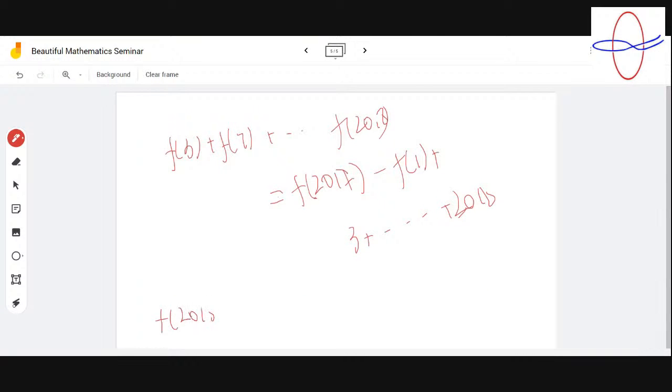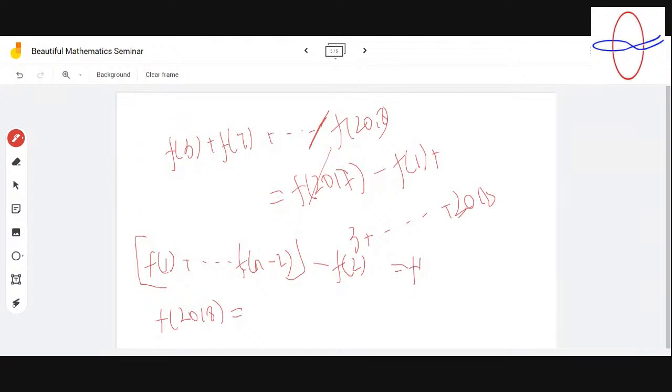f of 2018 is what? So we are sort of getting that this is cancelling out each other. So we are getting that f of n, so it's sort of f1 plus dot dot dot f of n minus 2, minus f of 2 is missing, right?